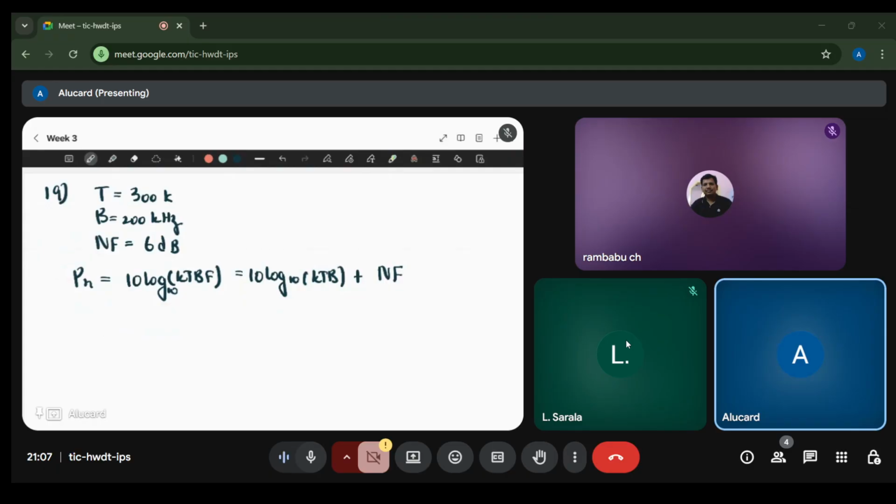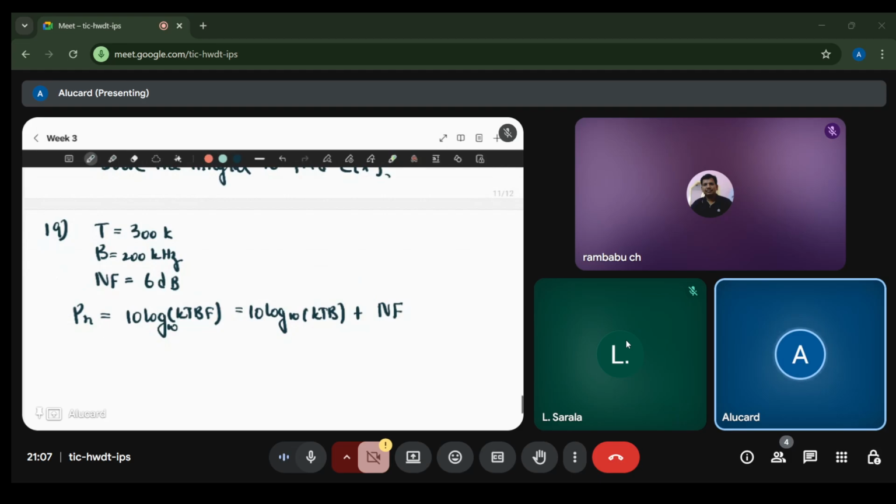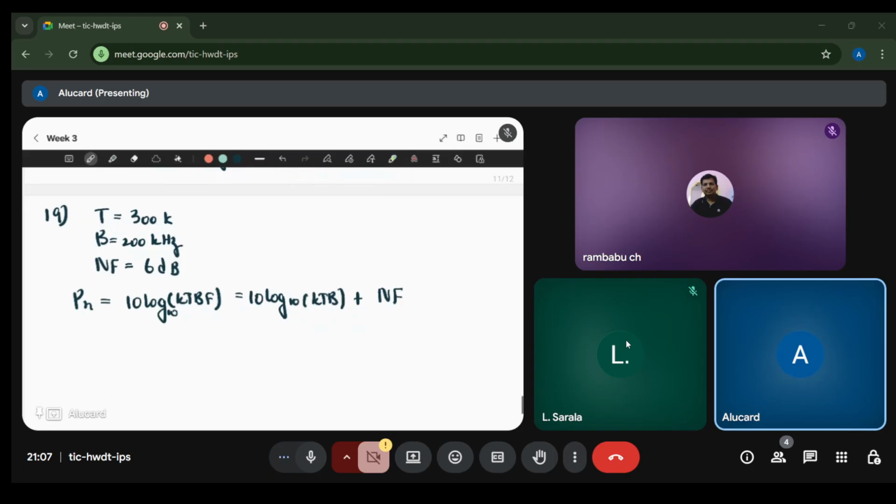So you substitute the values of T, which is 300, and B, 200 kilohertz, so it's 200,000. And K, you can find it in one of the previous lectures, or you can just search online. K is the Boltzmann constant. Then you'll get the noise power.